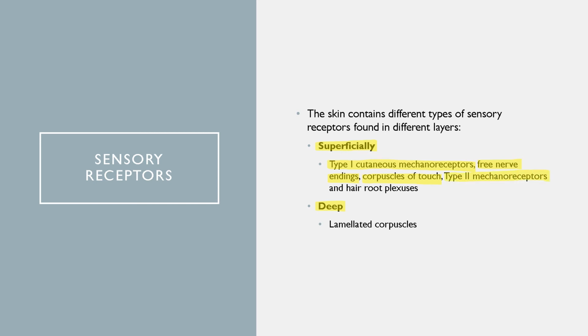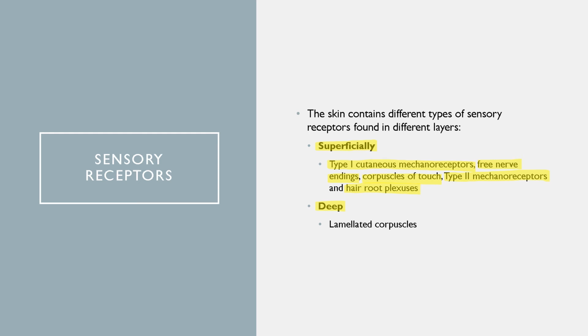These are also called Ruffini's corpuscles, and they are sensitive to crude touch or also to stretching of the skin. And then the last superficial sensory receptor we have are the hair root plexuses. So these are going to be sensitive to crude touch that affects the hair.